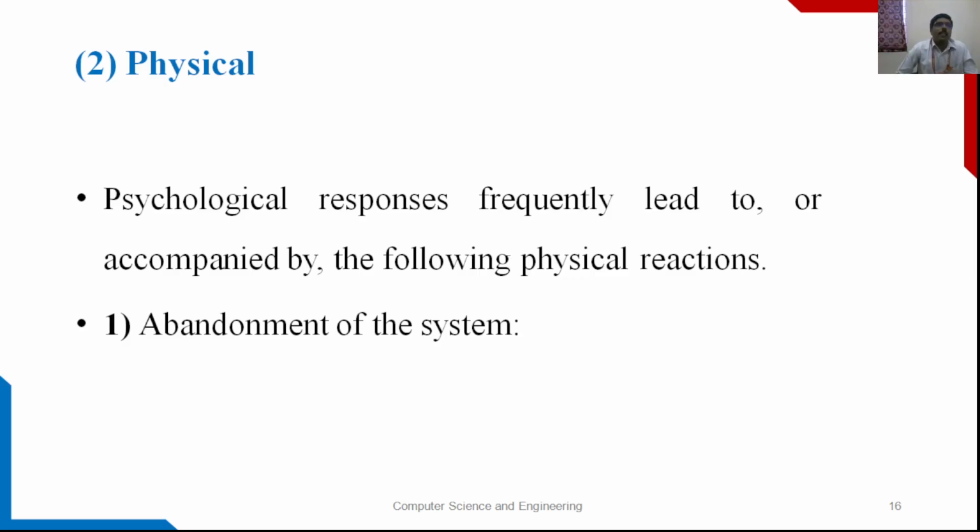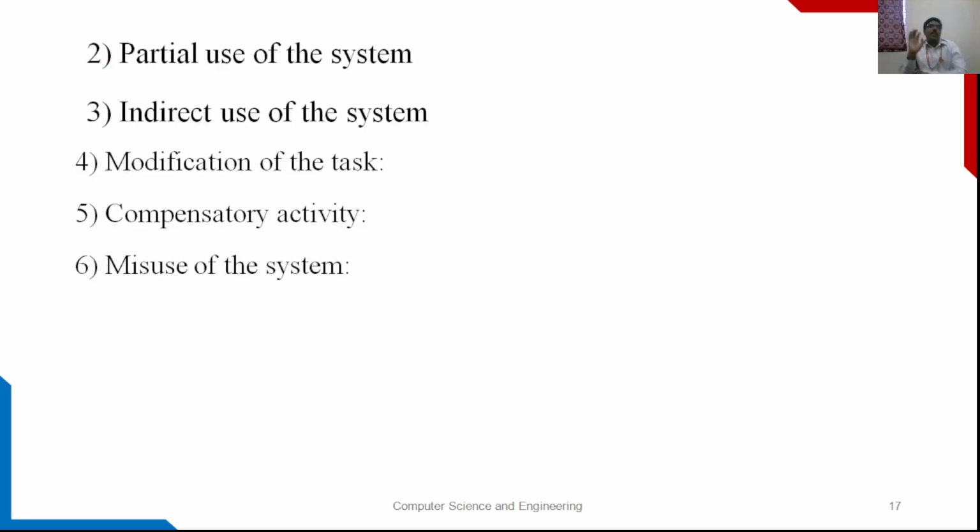Almost all users can exercise this option. Next is partial use of the system, which means only some of the system's capabilities are used, usually those operations that are easiest to perform or that provide the most benefits.